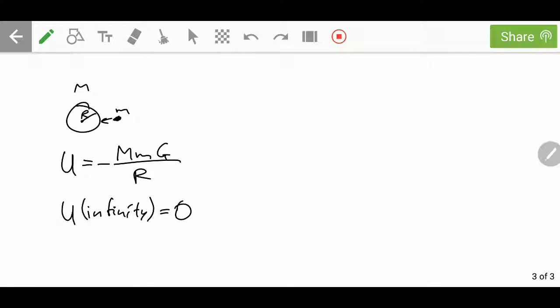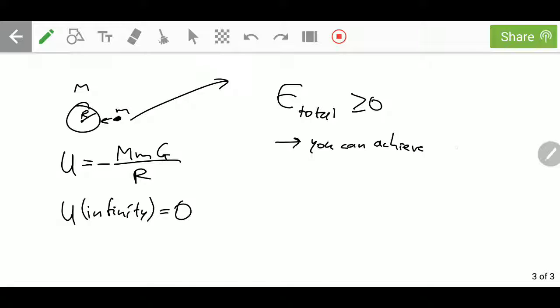So if the total energy were greater than or equal to 0, then this mass could go out to infinity, and thus the object would escape from the planet.